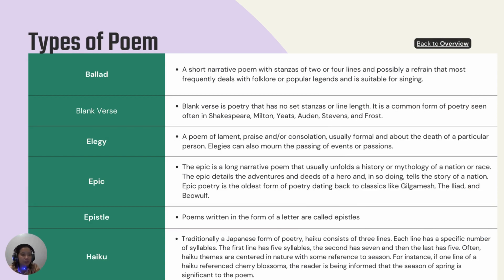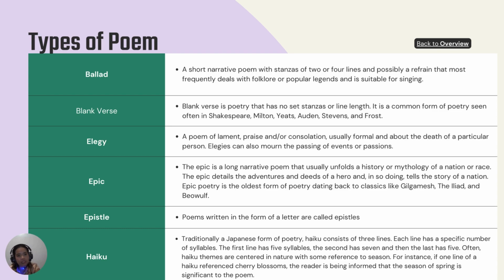We do have different types of poems. That's why it's very important that you look into the structure. Not only the structure of the line or stanza, but also the structure of the theme.